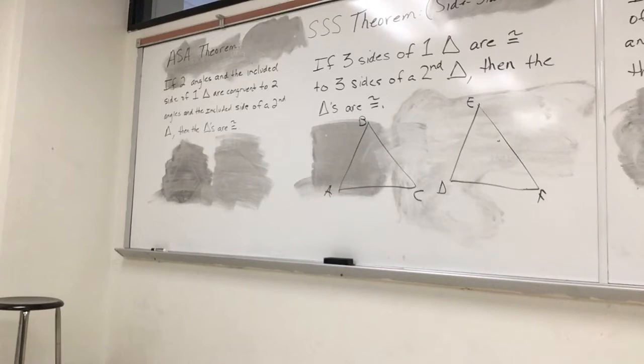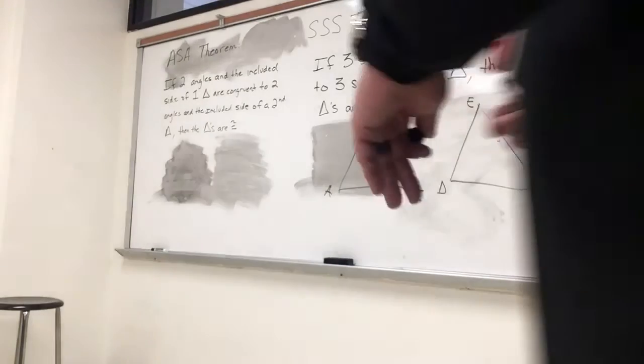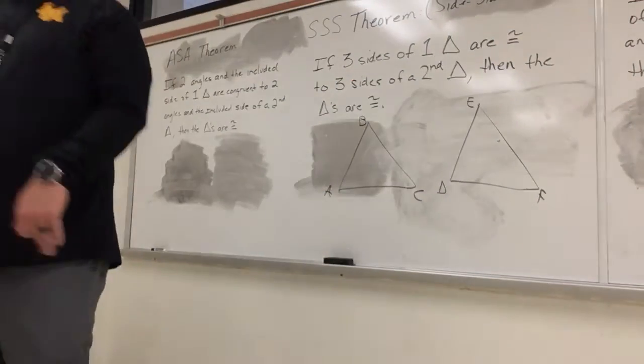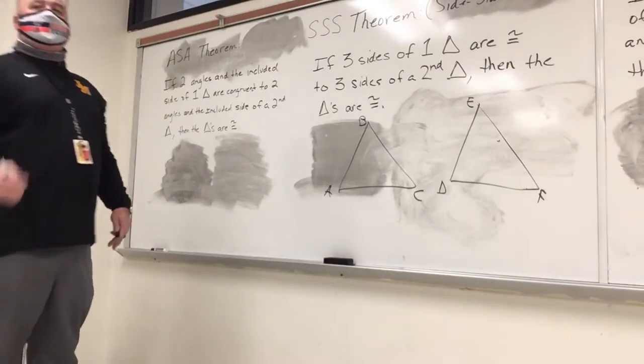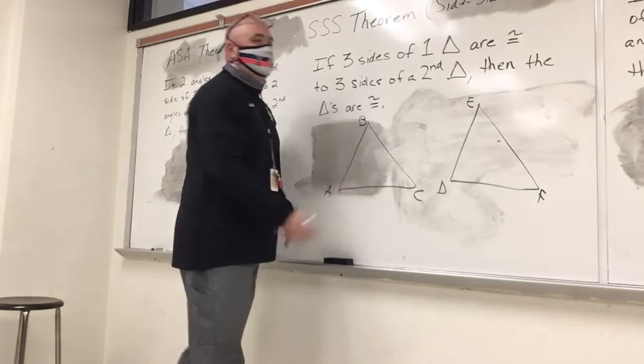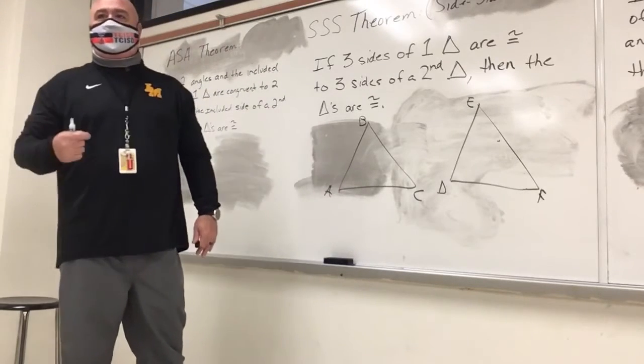If those were perfect drawings and they both looked the same, you could not conclude they were equal, because that's assumption. So we have to prove things. In order to prove things, I might have to take a ruler and measure each side and show that those two things are congruent.